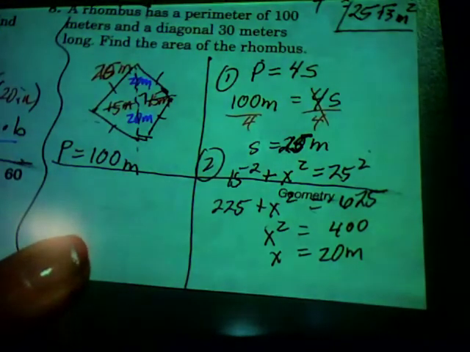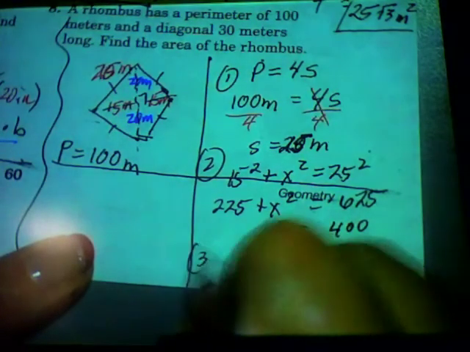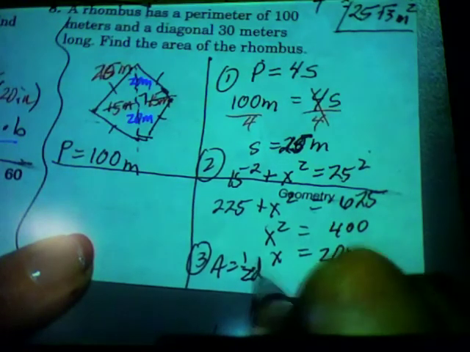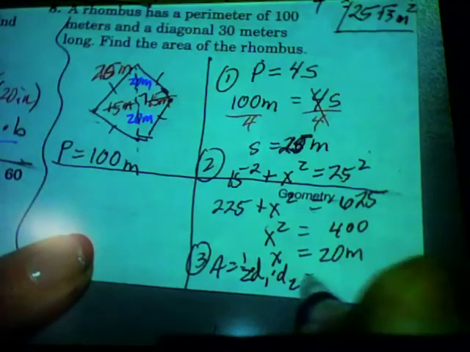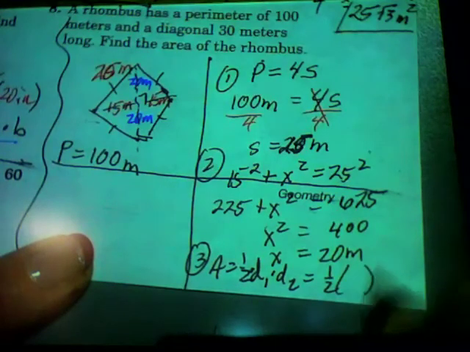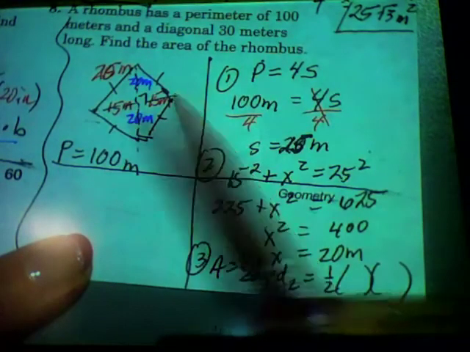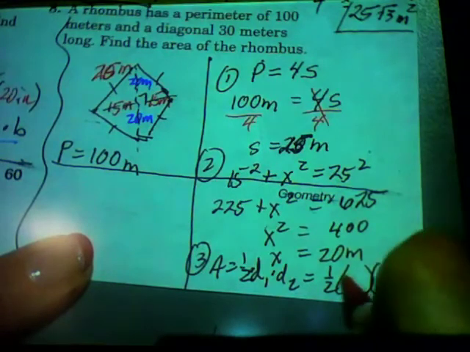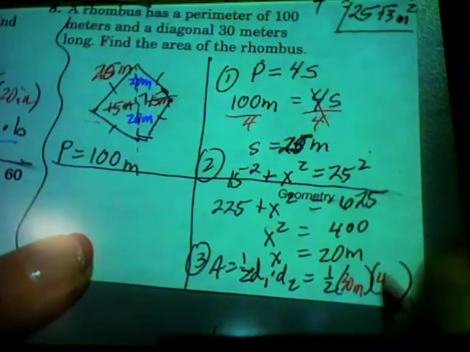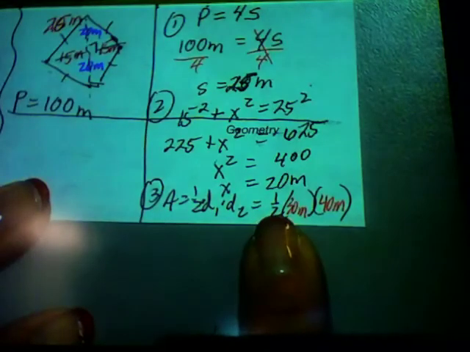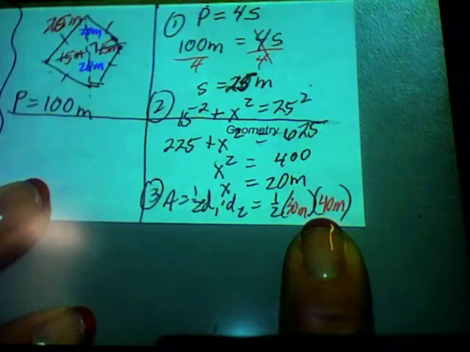So now third step, I'm going to squeeze it in here, area equals 1/2 d1 d2. So 1/2, what's my whole diagonal here? 30 and 40, right? So 30 meters and 40 meters. Rather than taking half of one of these, I'd rather do 30 times 40, which is 1,200, right?